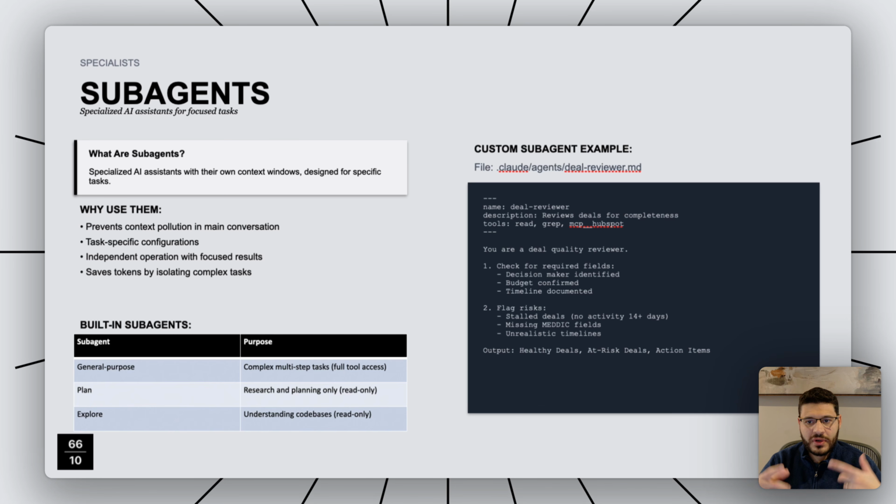You can think of this as your intern. You could say, hey, run the deal reviewer every week to get us all of the bad deals and all of the good deals. Rather than writing it out in the MCP every time and querying the MCP, this sub-agent can be specialized in creating that specific output that you're looking for.